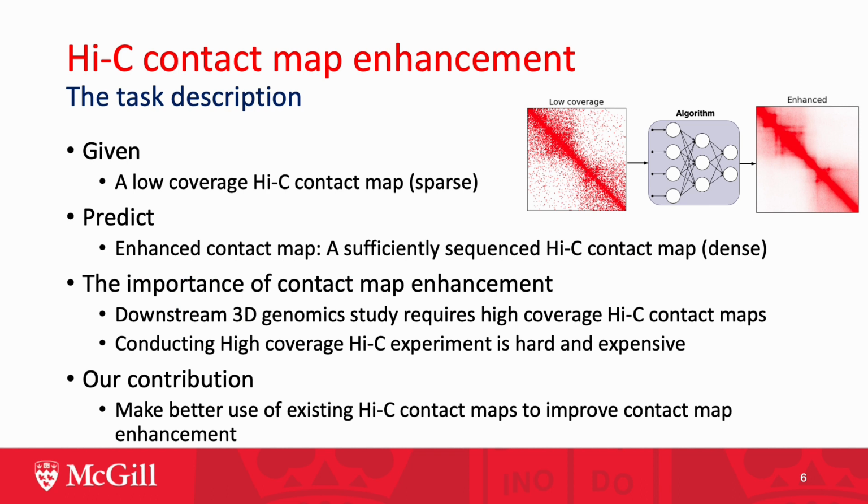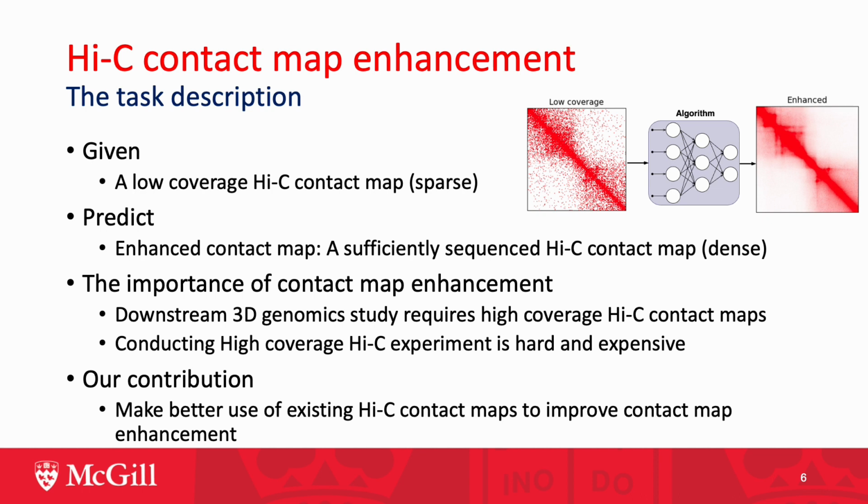In a Hi-C based 3D genome research project, we always want to have a Hi-C contact map that contains as many contact pairs as possible. However, the Hi-C experiment is hard and expensive. In most cases, we only have a low coverage Hi-C contact map.